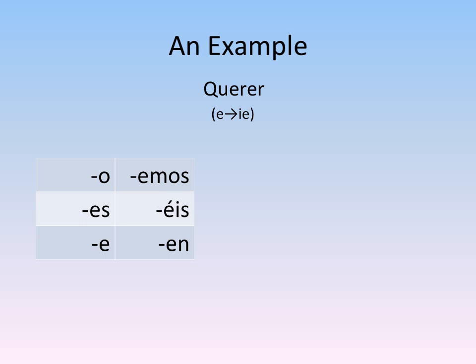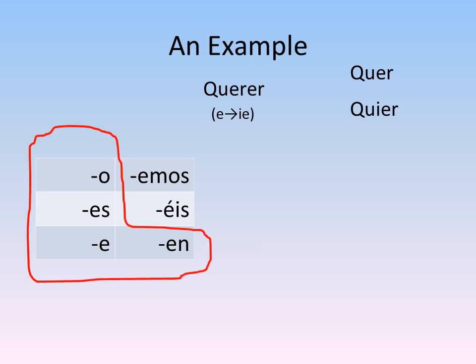This means we're going to work with two different stems as we conjugate this verb into present tense. The regular stem, where we simply took the ER off, quer, and the form that has the spelling change in it, quier. Now, we need to remember that we're going to use quer outside the boot and quier inside the boot.